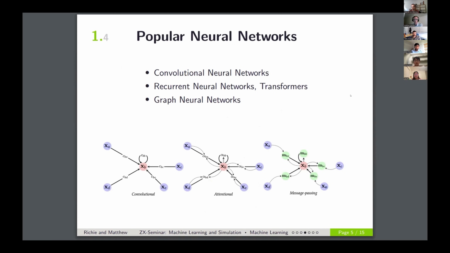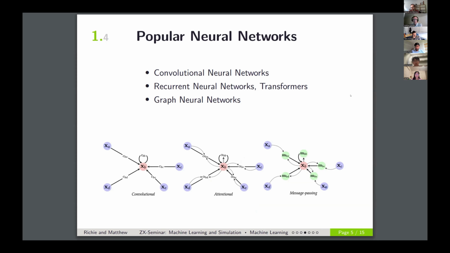We don't have time to go into details on every single type of neural network, but I'll give a very light overview. We have convolutional neural networks, which are good for images, and they work by updating the vectors or embeddings based on their neighbors, their local information. It's a local update.